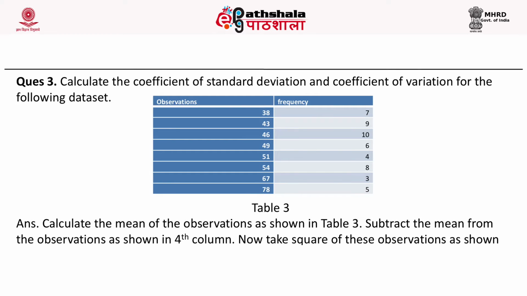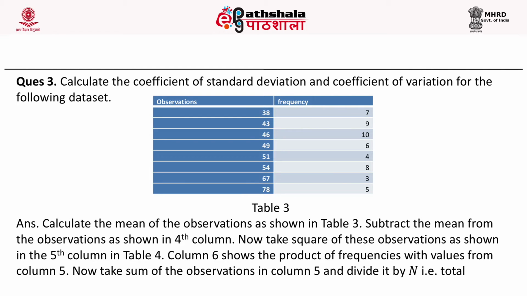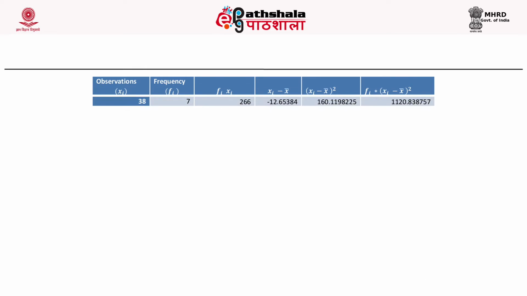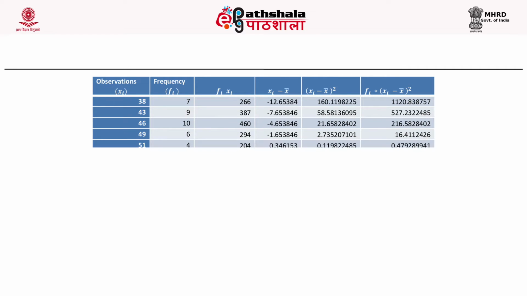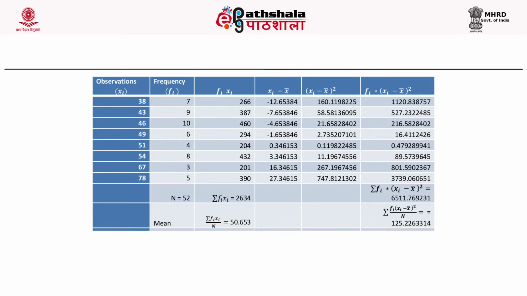Now take the sum of all the values in column 6 and divide it by capital N, which is the total frequency. After that take the square root of the value, and the standard deviation is coming out to be 11.190. So here we did the same calculation that we discussed in the formula.